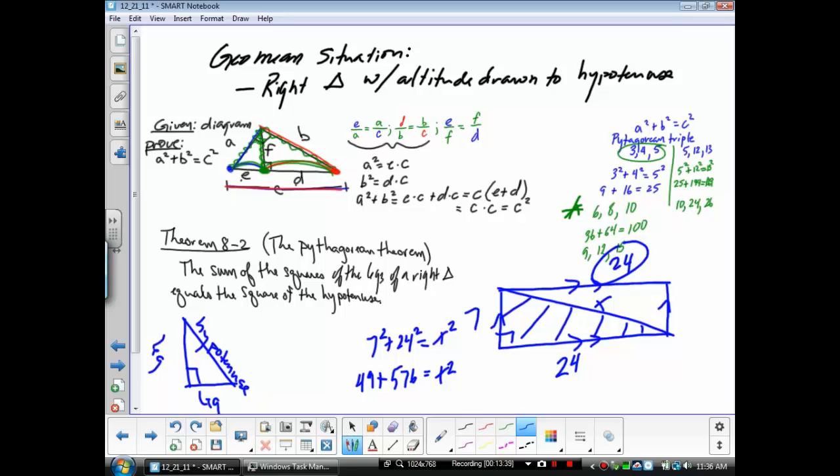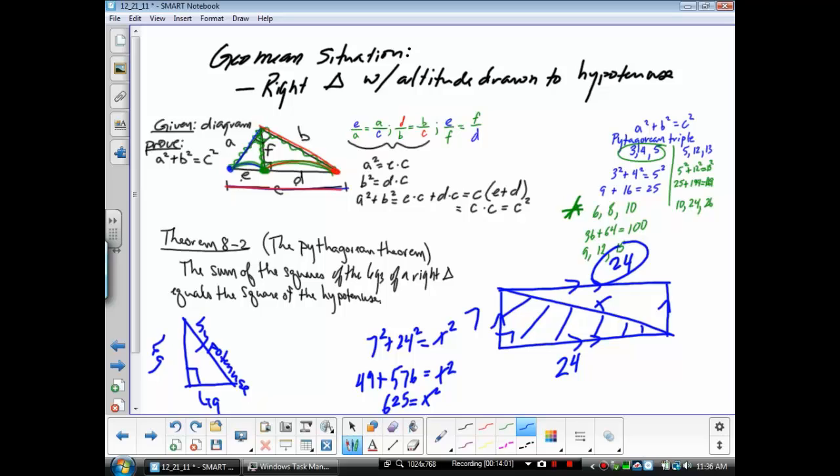So now I add those, which is going to give me 625. And now the question is, what number squared is 625? So we're going to do the square root of 625, and when we do that, we think factor tree.